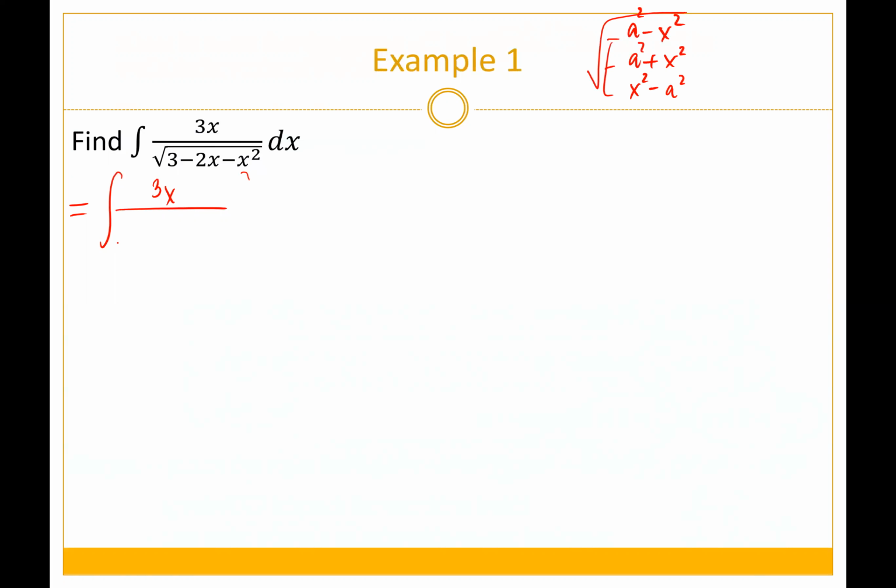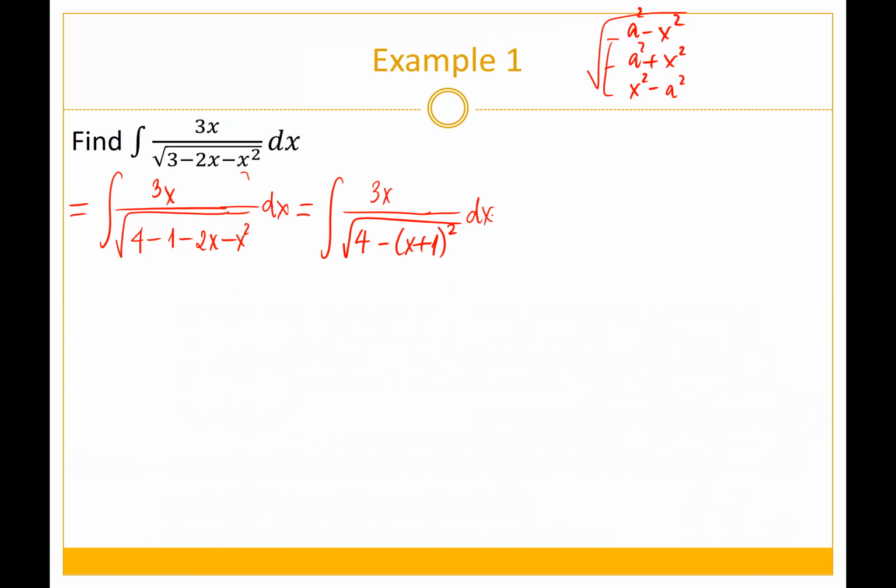I'm going to complete the square, because I feel like if I complete the square, I'll see something. So here we have 4 minus 1 minus 2x minus x squared. When you take the negative out, you're going to have x plus 1 squared inside. So the square root becomes the square root of 4 minus x plus 1 squared dx.